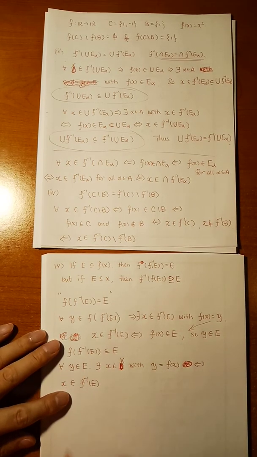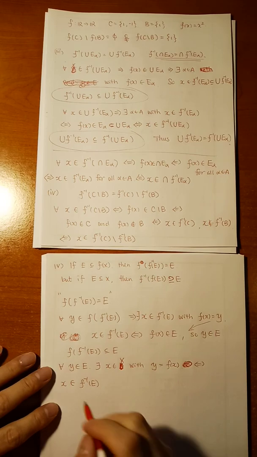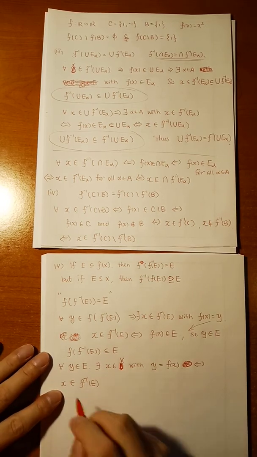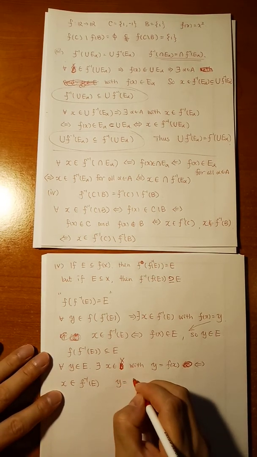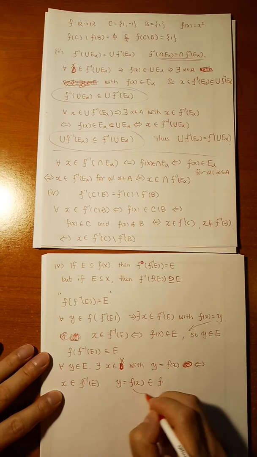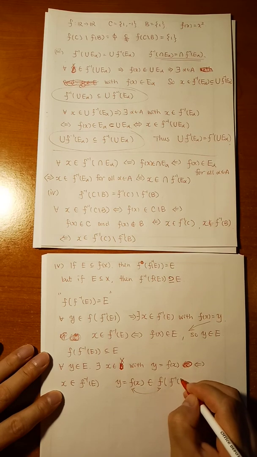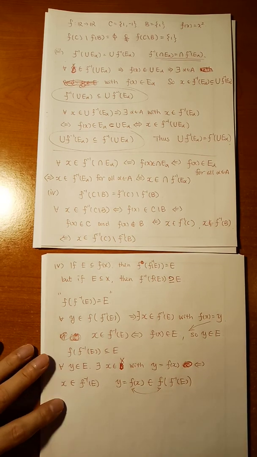So x is in the inverse image, then y equal to f(x). X belongs to the inverse image, f inverse of E.